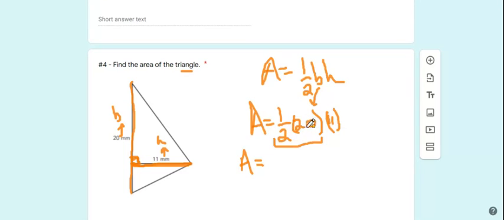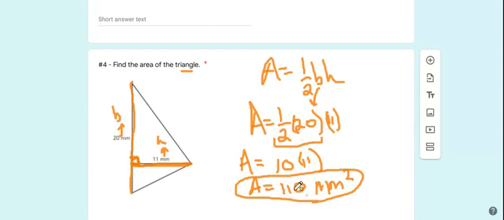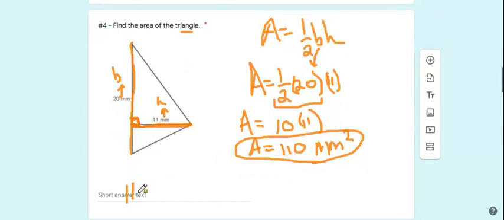So 1/2 of 20, 1/2 times 20. That, of course, would be 10, right? Then I got to multiply by this 11. And we know 10 times 11 is 110. Okay, so my area is 110, and my units are millimeters. That's what mm is, millimeters squared. Okay, so in my text box, I'll just put in 110.